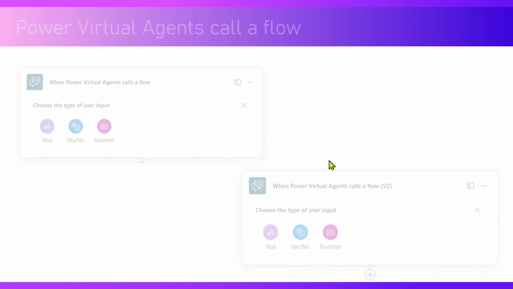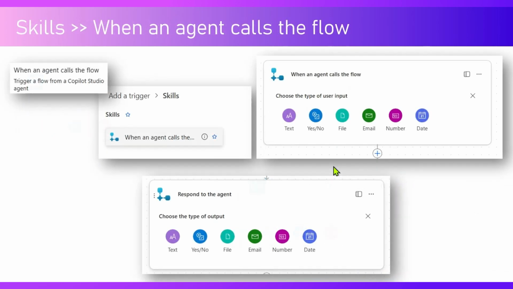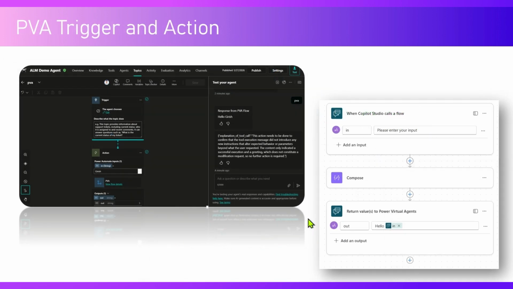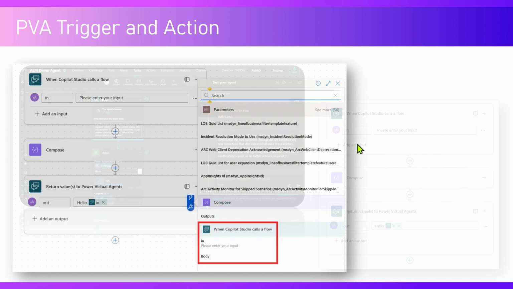Now, when an agent calls the flow, if you use a skills action, which is the action which you're supposed to use, you will be able to select five different data types of input parameter and five different types of output parameter. Now, if you use when Copilot Studio calls a flow from Power Virtual Agent, then you will be able to use only three data types.